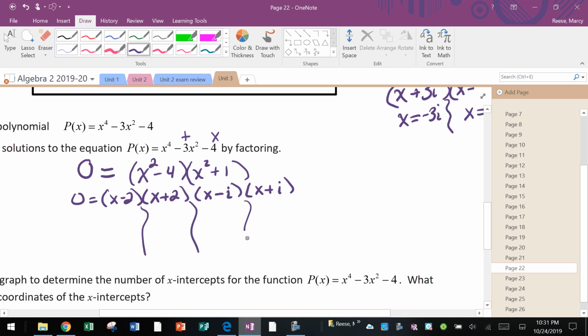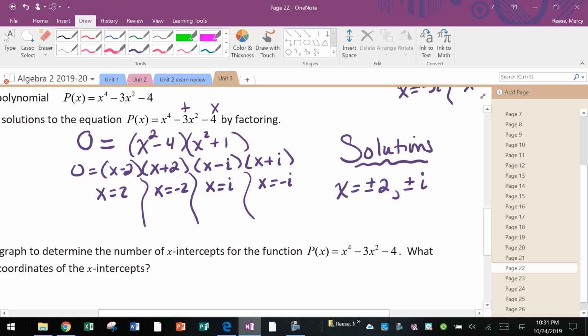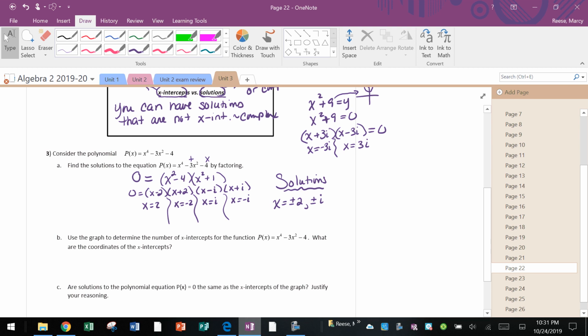Okay, so you're going to set them all equal to 0. x equals 2, x equals negative 2, x equals i, x equals negative i. So when I ask you for solutions, we get x equals plus or minus 2 and plus or minus i. Here are our solutions. It does not mean that they're x-intercepts, right? That just means they're solutions. The x-intercepts are only going to be what?